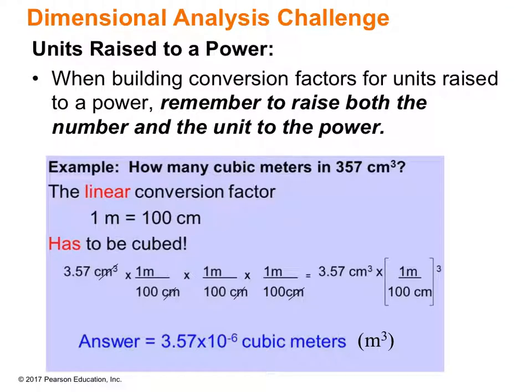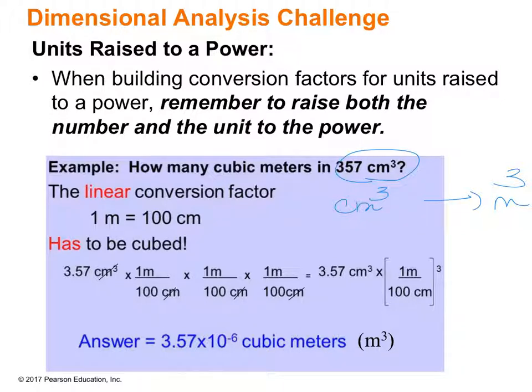I am gradually giving you more and more difficult problems. This is probably the most challenging type of dimensional analysis. Let's say that you were asked to convert units that have an exponent. So for example, this problem is asking you to convert from cubic centimeters to cubic meters.